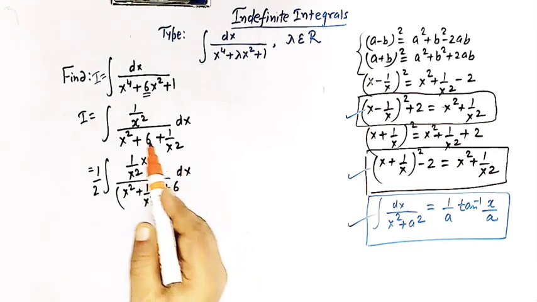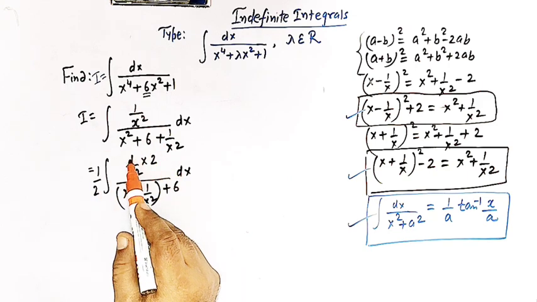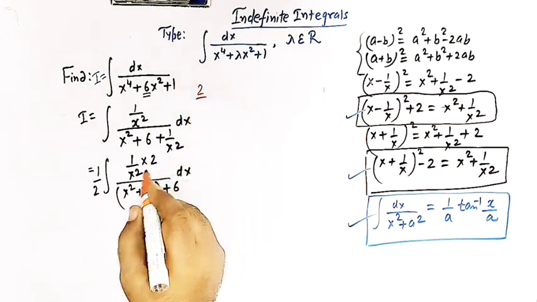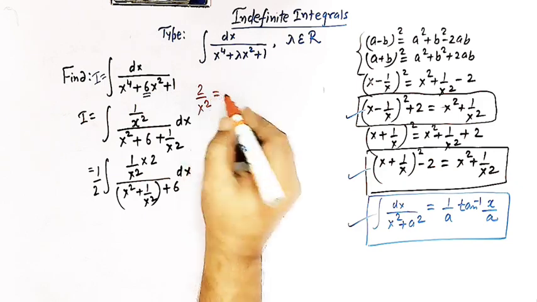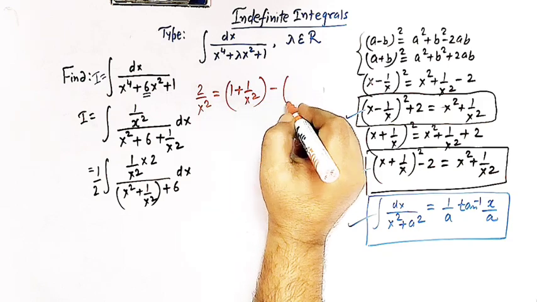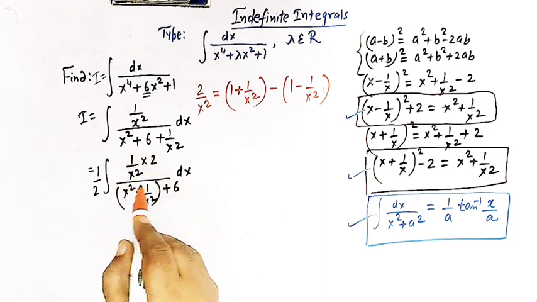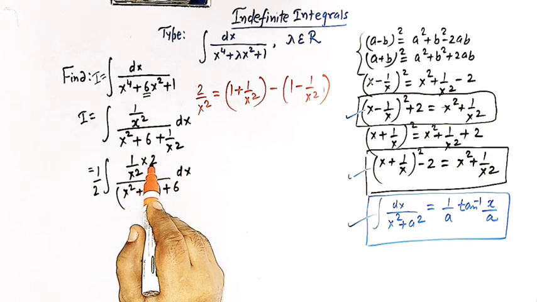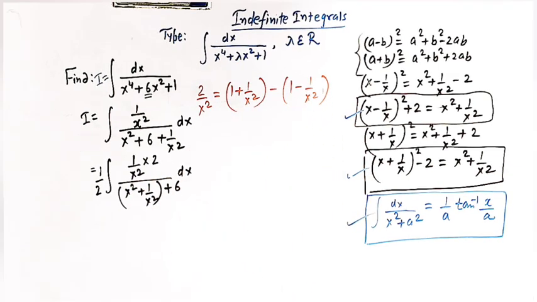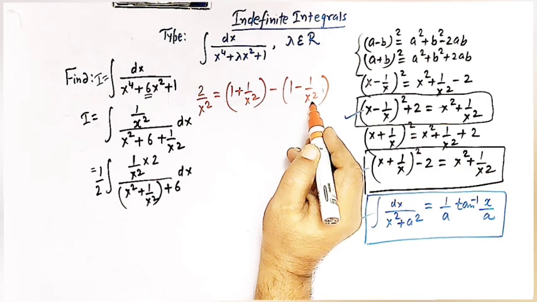The purpose of dividing the numerator and denominator by x square and then multiplying 1 over x square by 2 and dividing by 2 is that the quantity 2 over x square can be written as 1 plus 1 over x square minus 1 minus 1 over x square.